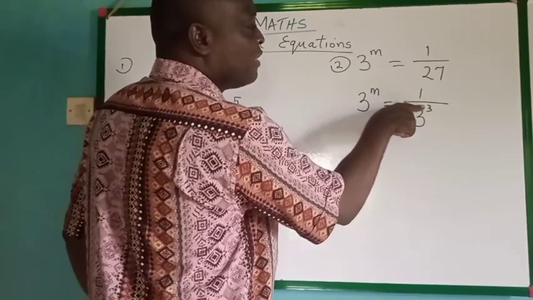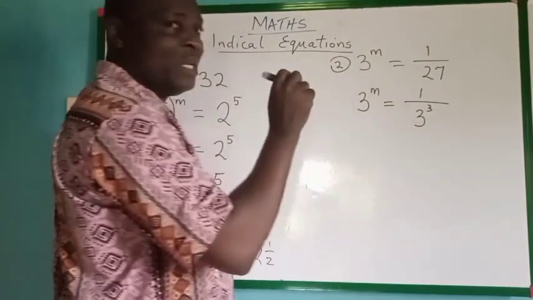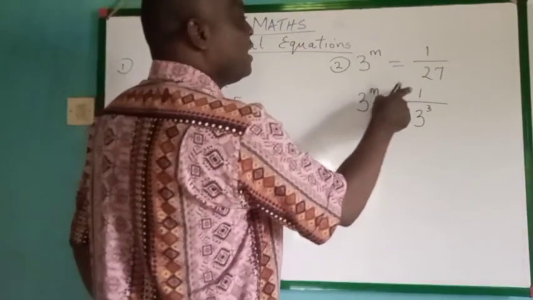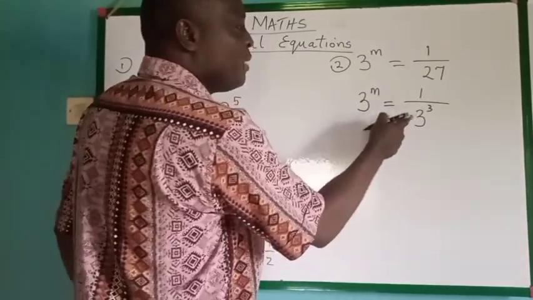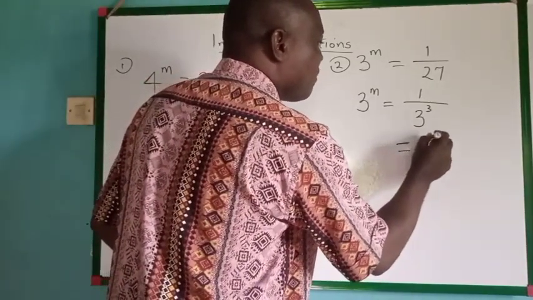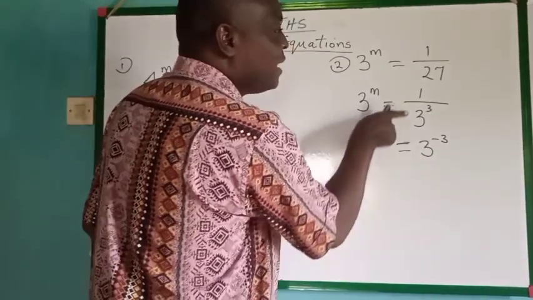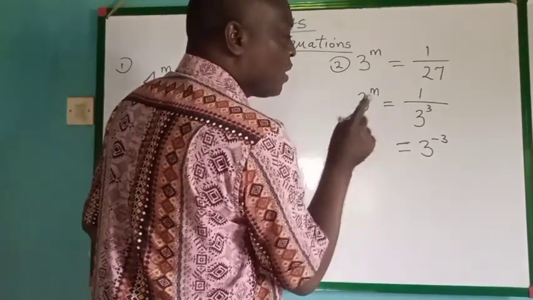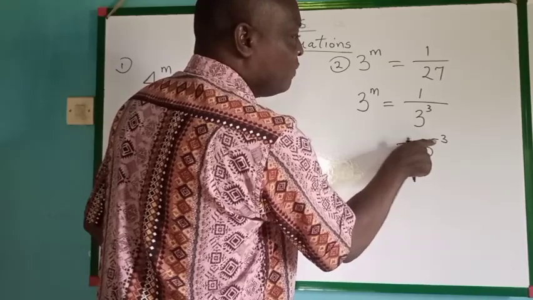It will change to positive, meaning it was negative before, because it is only negative that will bring in 1 all over. So for me to have this expression, it will be the same thing as saying 3 raised to the power minus 3. You see that the 1 all over has moved. What has replaced it? The negative of the power.